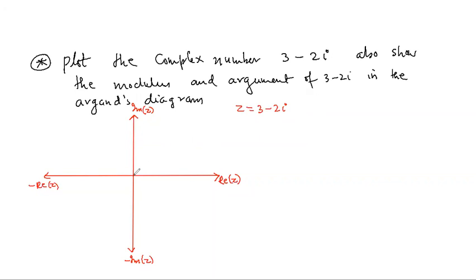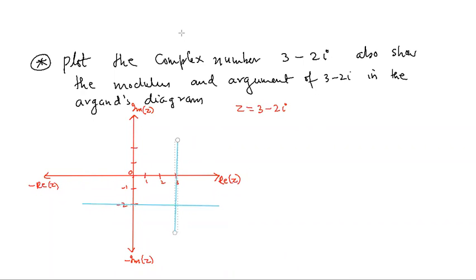So 3 on the real axis and minus 2 on the imaginary axis. Then you will draw a perpendicular line from minus 2 like this, and a perpendicular line on the x-axis through 3.